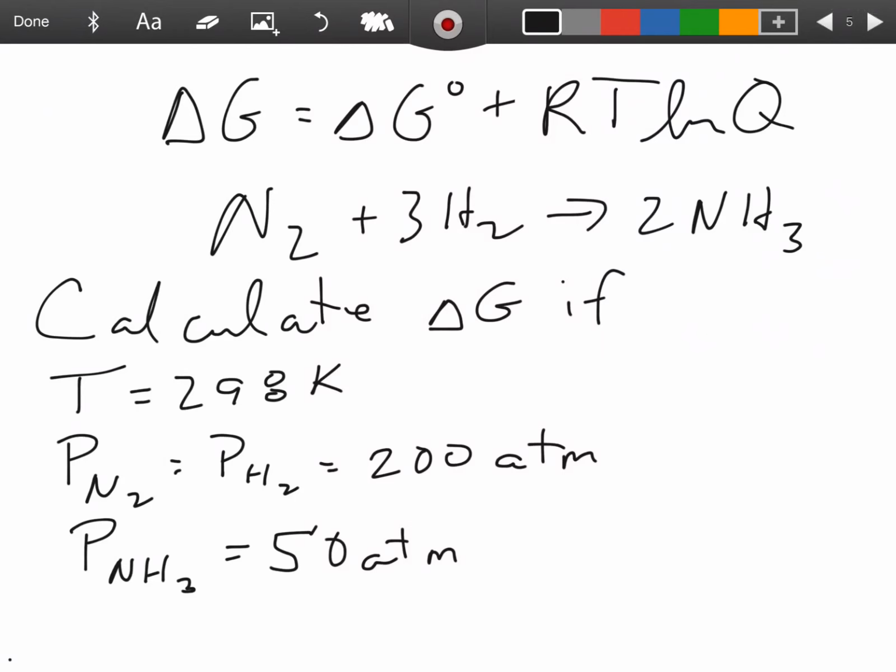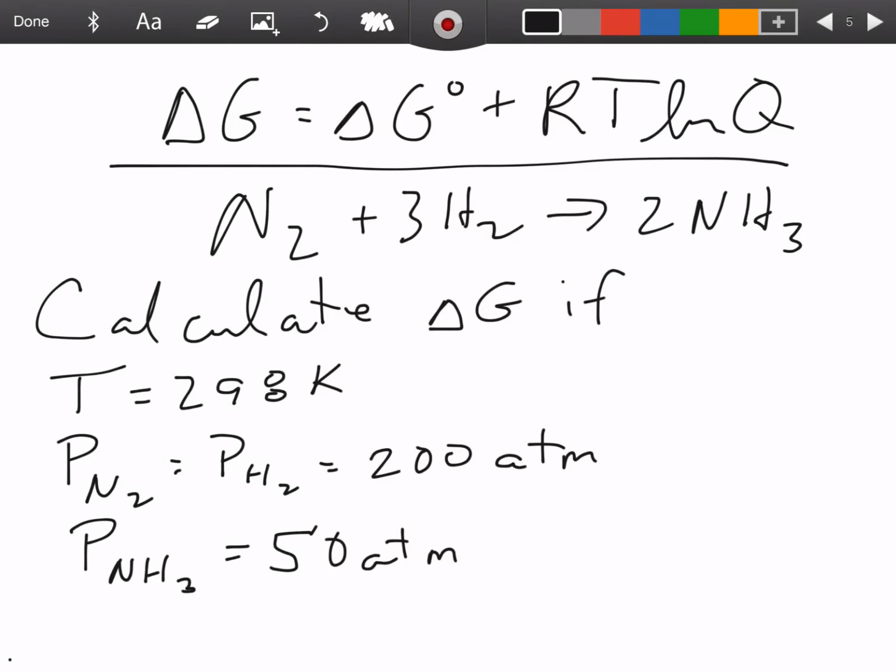But what happens if we are not under standard conditions? If that's the case, we come up with a new equation. Delta G equals delta G0 plus RT ln Q, where Q is the equilibrium constant, not necessarily at equilibrium.